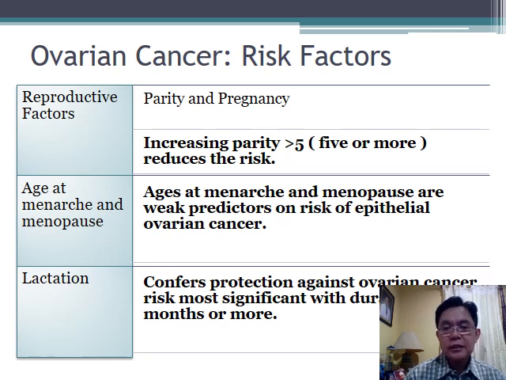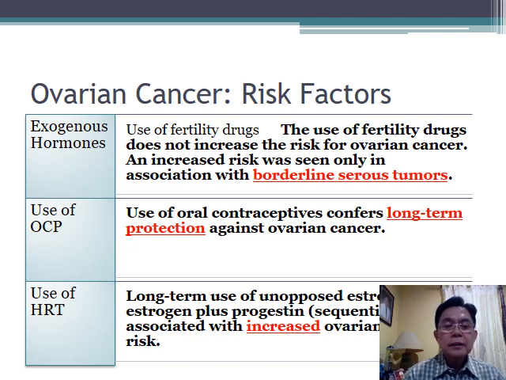confers protection against ovarian cancer, most significantly with 18 or more months of lactation. Exogenous hormones, as we mentioned previously: the use of fertility drugs does not increase the risk of ovarian cancer, but increases the possibility of borderline ovarian tumors.